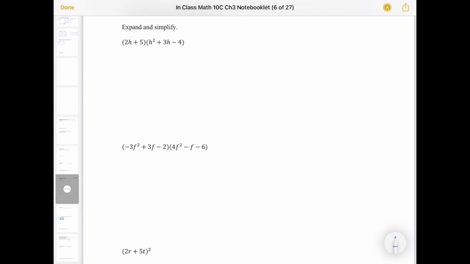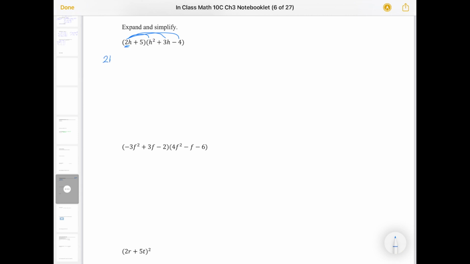2h plus 5 times h squared plus 3h minus 4. Just like we did with our binomial multiplication, we need to multiply each term by each other term. So my 2h, I'm going to multiply that by h squared, by 3h, and by this negative 4.